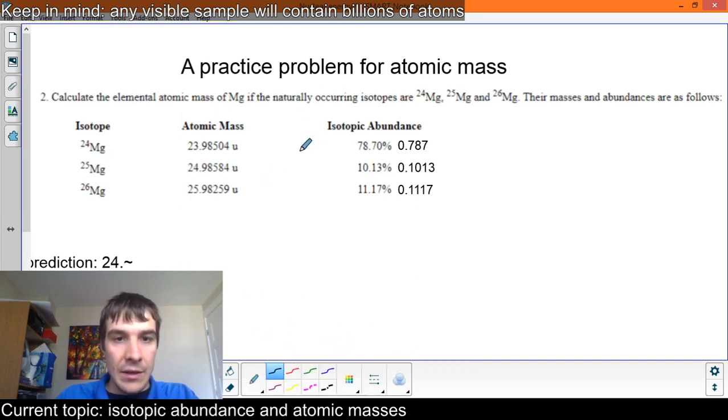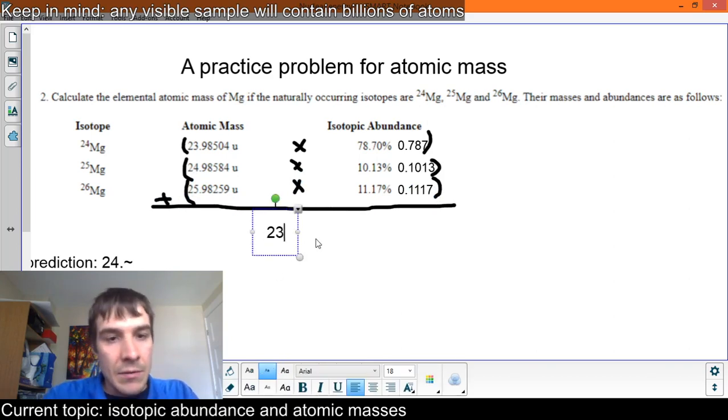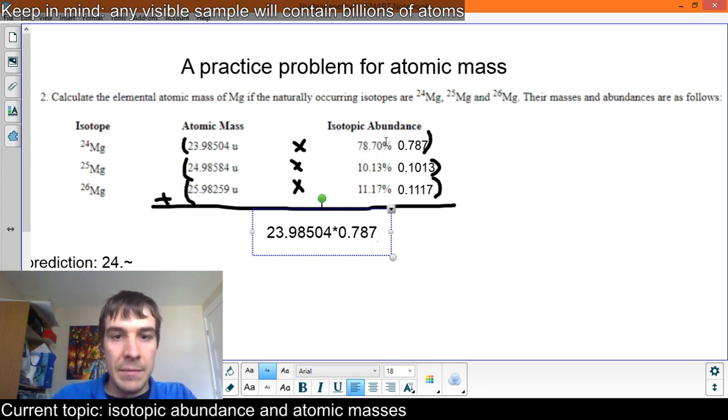So, we take this mass and multiply it by that number. And we take this mass and multiply it by that number. And we take this mass and multiply it by that number. And then we add them all together. Okay, so what does that look like? Let me actually type that out. It's going to be 23.98504 times 0.787, which we got from the percentage, right?